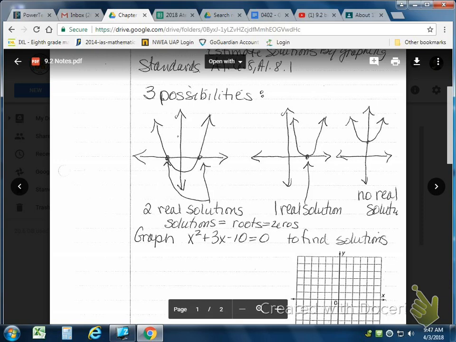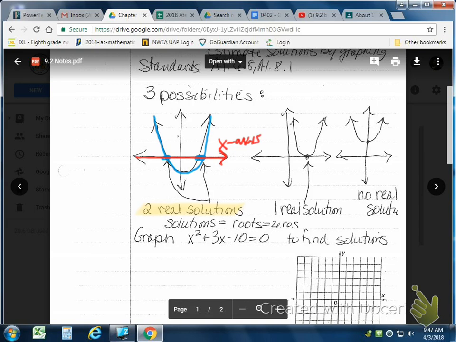Where the parabola sits on the graph determines how many solutions there are. If it crosses in two places, that means there are two real solutions. Let's think about this for just 1 minute. Where that's crossing, this is the x-axis, right?